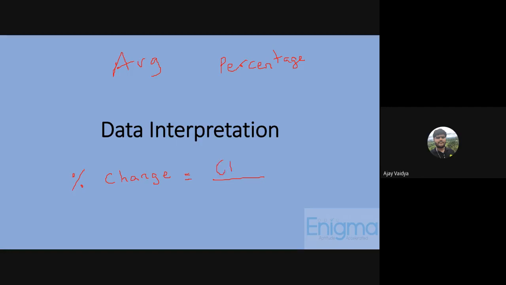Original value, right? Correct. So change upon initial value or original value, you can say either, into 100. Perfect, Shreya, Prajwal and Devshruti. If you remember these two things and the basic concept of average, that is total upon quantity, you can solve almost all questions in data interpretation.